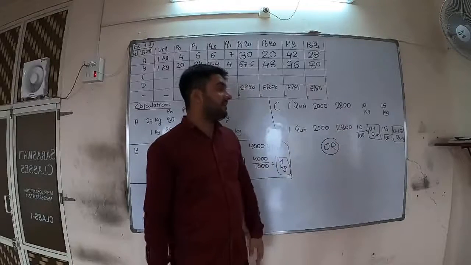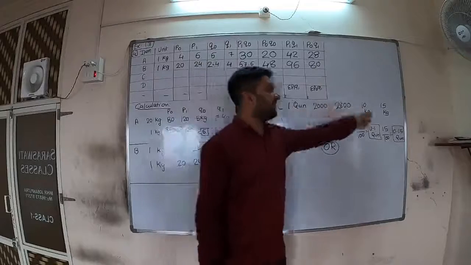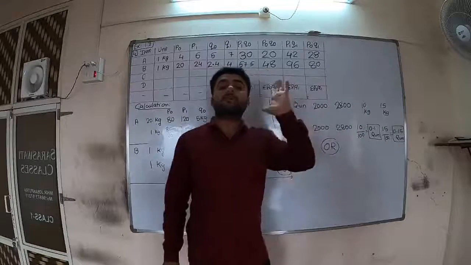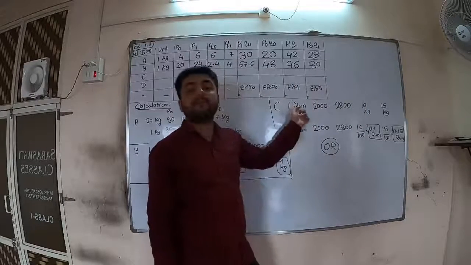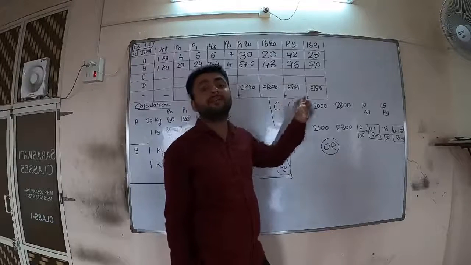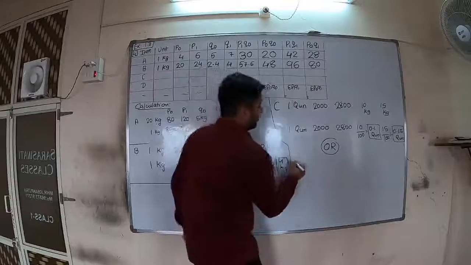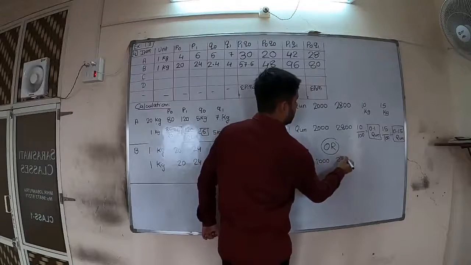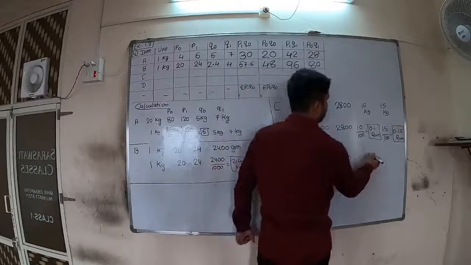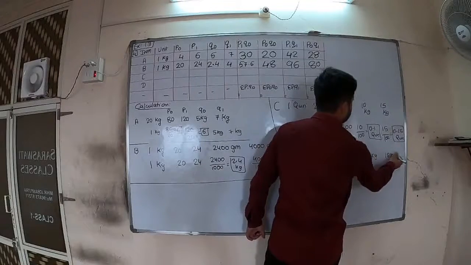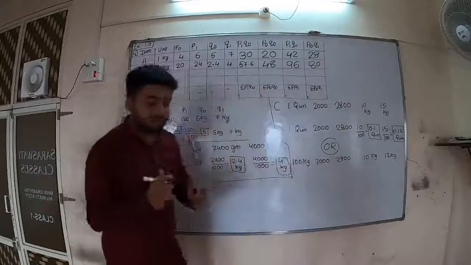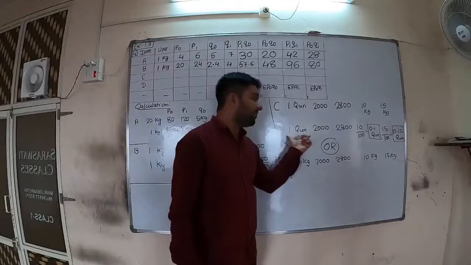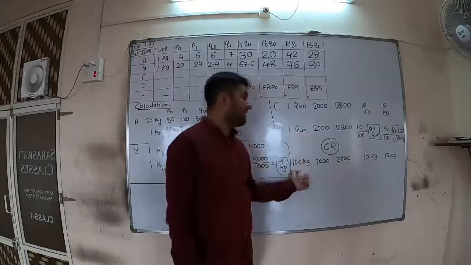See, what they are telling in the book is quintal, kg, kg. In the book they are always converting that quintal into kg. So 100 kg, 2000, 2800, 10 kg, 15 kg. What I have done, I am not solving this way, I am solving another way.